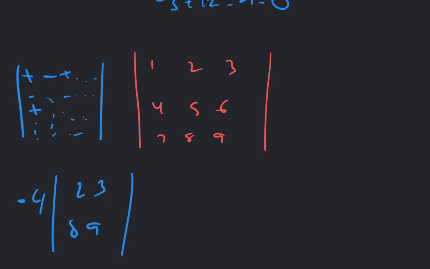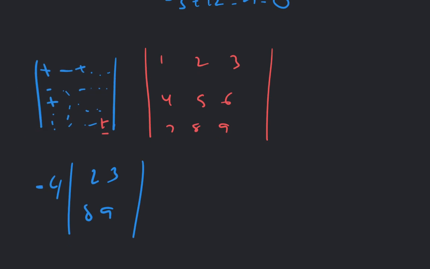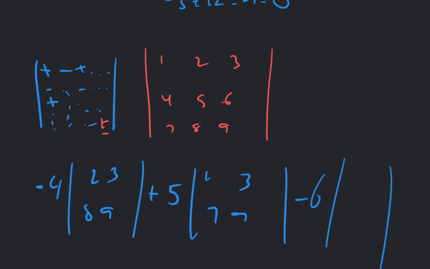So we have negative 4 times this matrix, and then we have plus 5, and then we do the cover-up method here: 1, 3, 7, 9. And then minus 6, 1, 2, 7, 8.